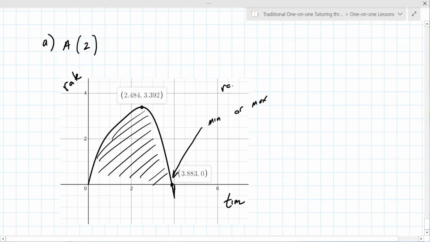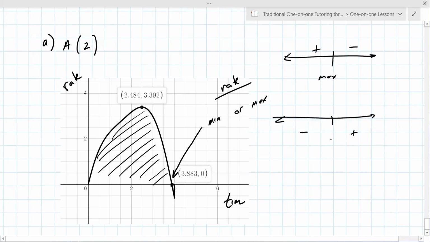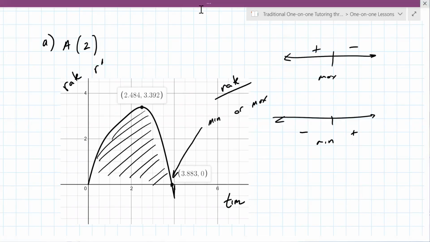We're talking about the rate, and that's your derivative rules. If you go from plus to minus, that's a max. If you go from minus to plus, that's a min. Since it's a rate, it's a derivative, it's considered positive up here and then negative down here. So this point is actually a max.